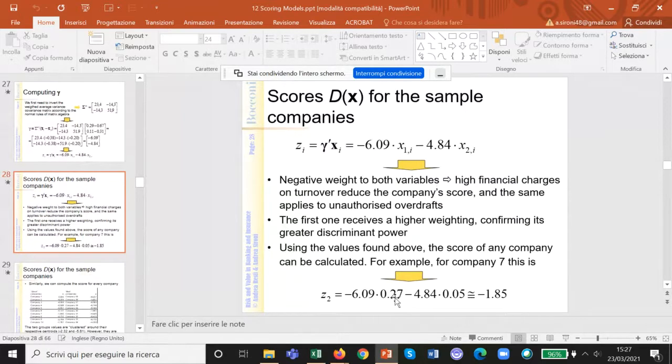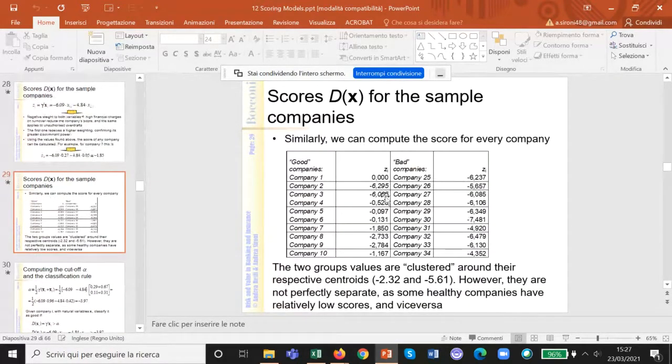So if we apply those coefficients to 0.27 and 0.05, we get a score of minus 1.85, okay? So that's the value of the score for that company, okay? And we can do that for all companies that were in the sample. This is done, for example, here. As you can see, for company 7 it is minus 1.85, but you can compute it for all these companies.